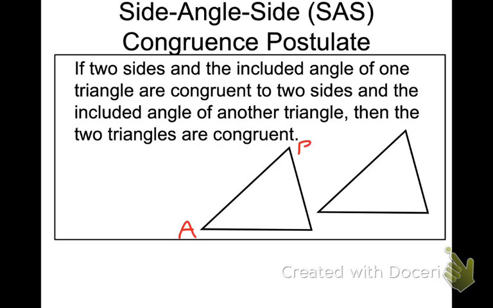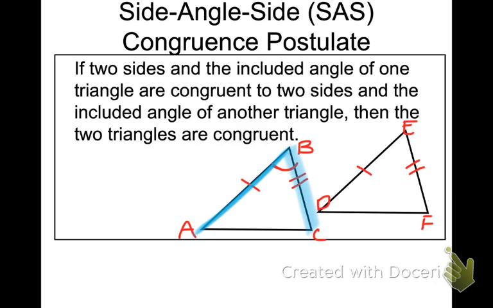If this was triangle ABC, and this was triangle DEF, and let's say side AB is congruent to side DE, and side BC is congruent to EF, then the included angle on the left triangle would be B. Notice how side AB and side BC create that top angle.